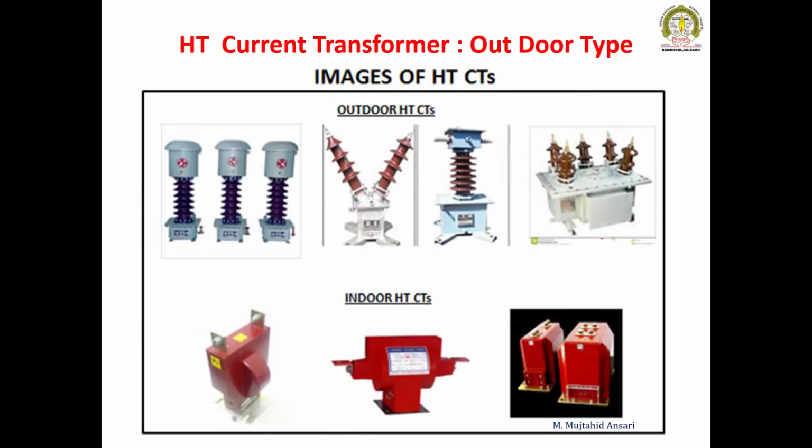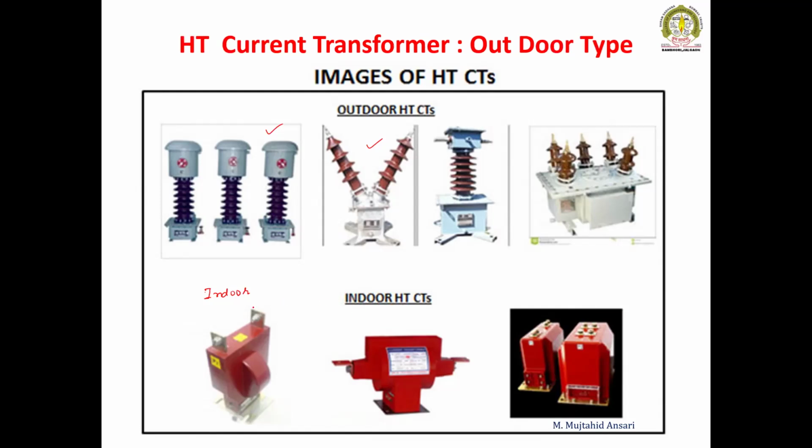Now there are different outdoor purpose CTs. This is again 132 kV. It may be a 33 kV, 132 kV. This is a single unit, comprising all three phases. Whereas this is also an HTCT, but it is an indoor type, which is used in indoor applications like a cubicle meter.